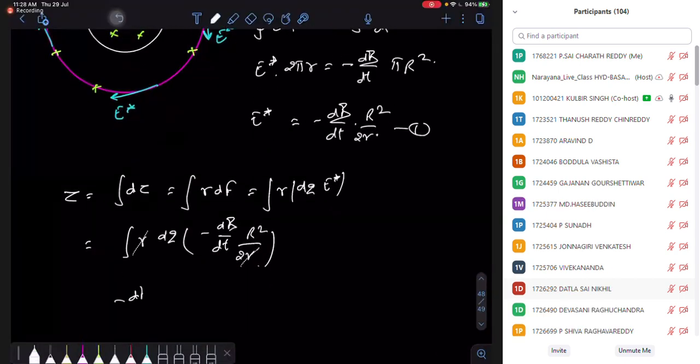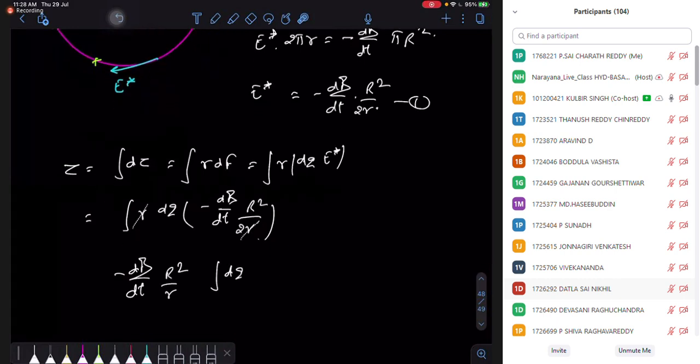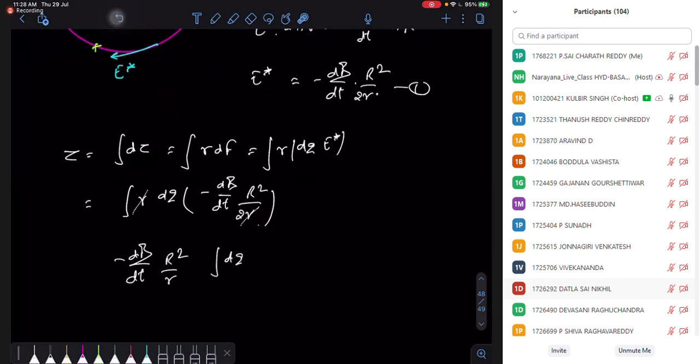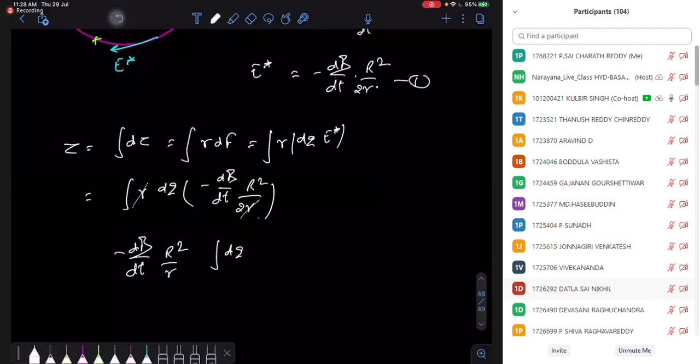So dB by dt, even though it is a variable, is not going to play any role in the dq integration. In the dq integration, the time variation behaves as a constant. So that will give me just the total charge on the ring. So you can say torque is equal to minus q R square by r dB by dt, right?